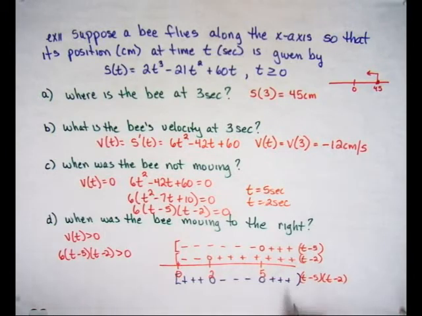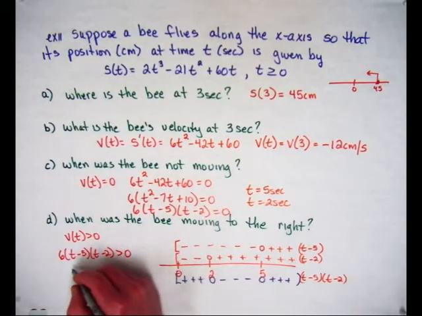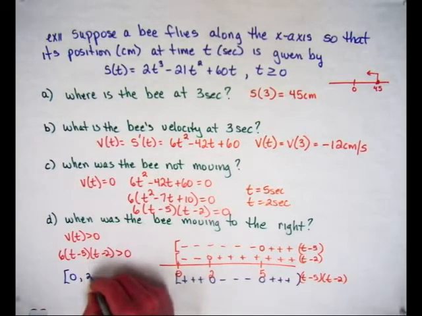Now, based on our chart here, our sign analysis, we can now say that the object is moving to the right when it has a positive velocity. Well, it has a positive velocity from 0 to 2 and from 5 to infinity. So we would say for the answer that the object is moving to the right at square bracket 0 up to 2 seconds, round bracket.